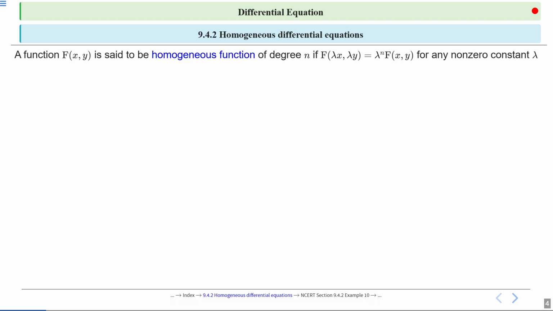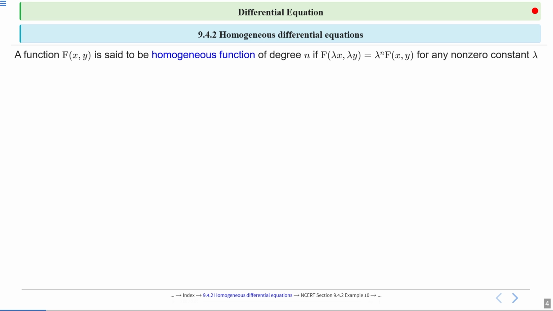Okay, so if we replace x and y by λx and λy, and we get λ^n into f(x, y) for any non-zero constant λ, then your function f(x, y) is called a homogeneous function of degree n.